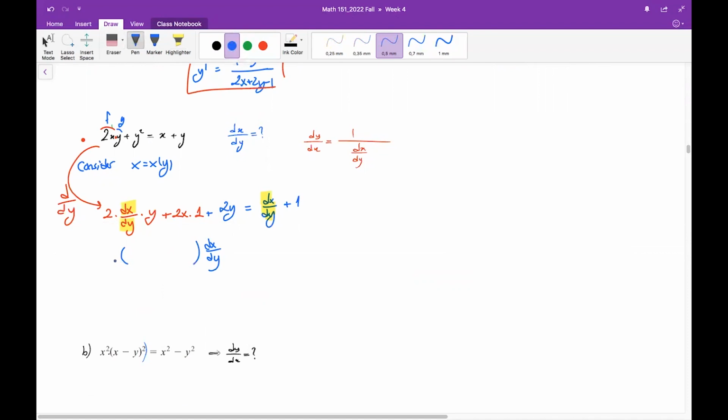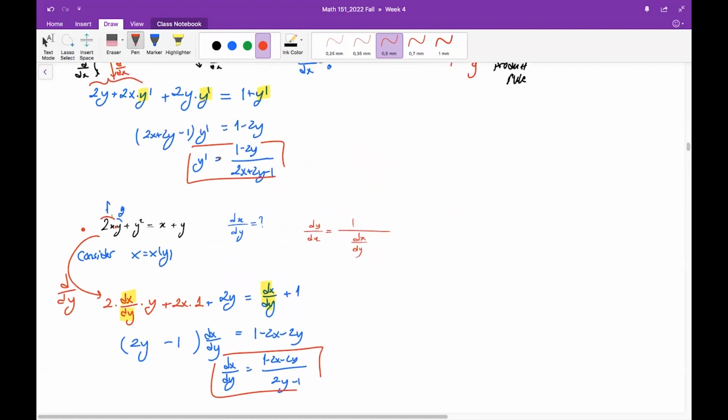What we have is 2y and 1 minus 1 here, and on the right we will have 1 minus 2x minus 2y. And from this equality, you can solve for dx over dy as something over 2y minus 1. And now we will compare dx over dy with dy over dx.